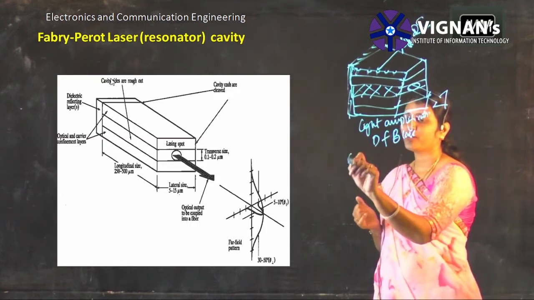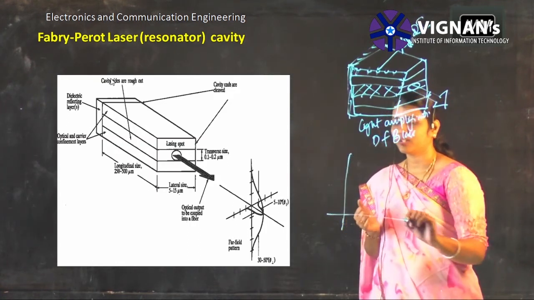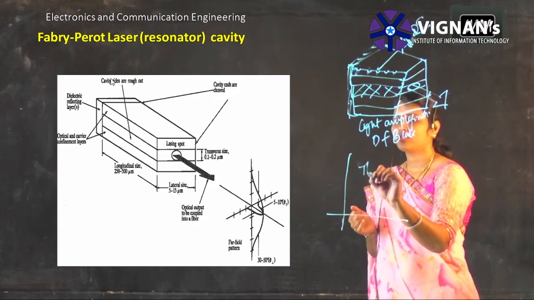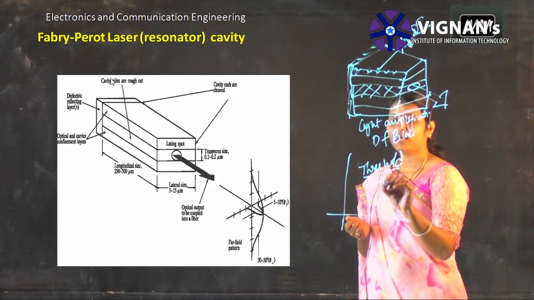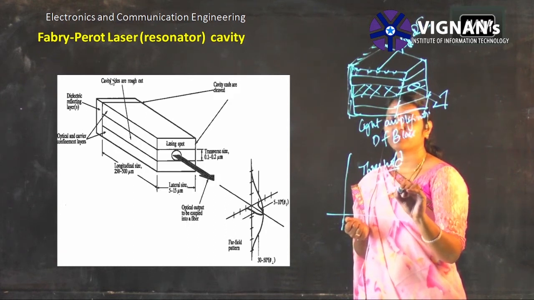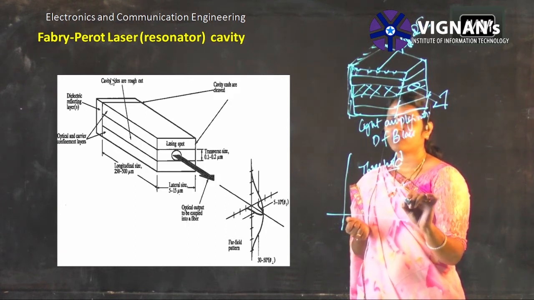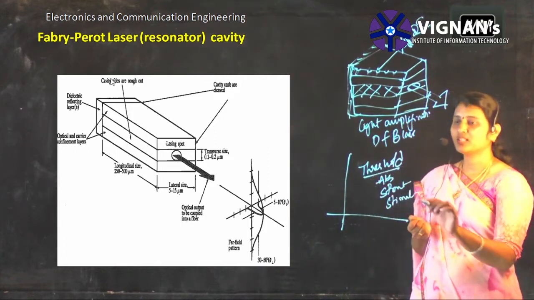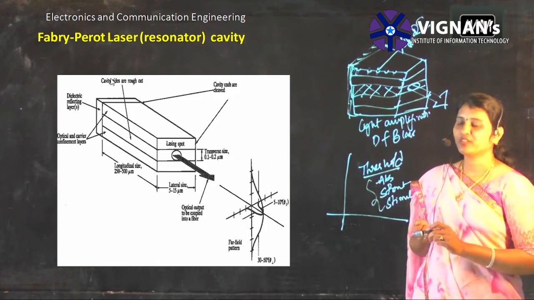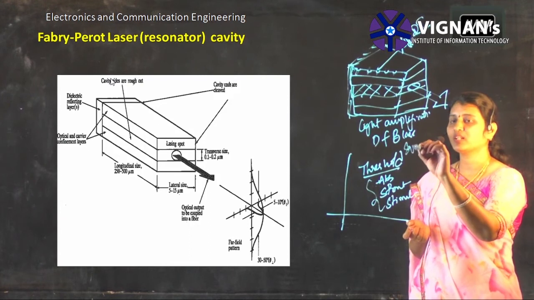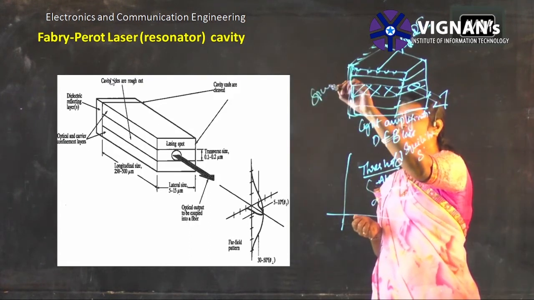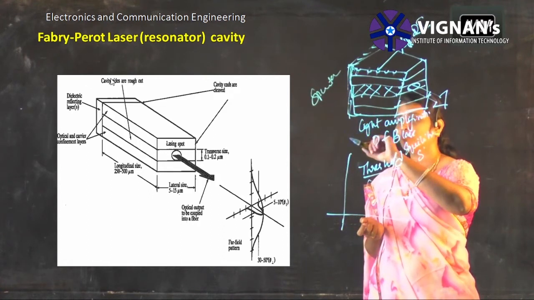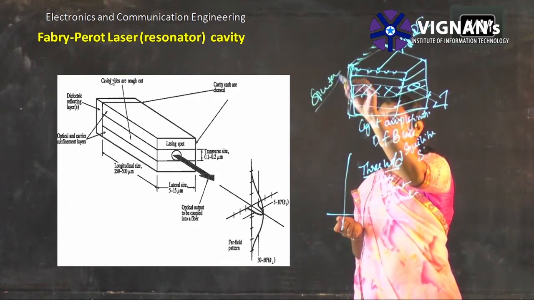So one more point we have to know here is the threshold. Threshold in the sense, as you know, absorption, spontaneous emission and stimulated emission, all these three contribute to the lasing action. At the equilibrium point, initially spontaneous emission is less, meaning a small amount of light is generated.